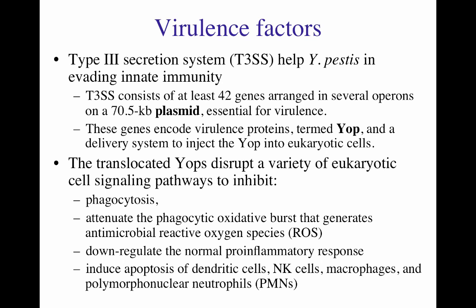Of this, the most important clinically we consider to be the type 3 secretion system. And as I mentioned to you, this is a complex of about 42 genes that encode an entire syringe-like structure that is able to pass proteins from the cytoplasm of the bacteria into the cytoplasm of a host cell.